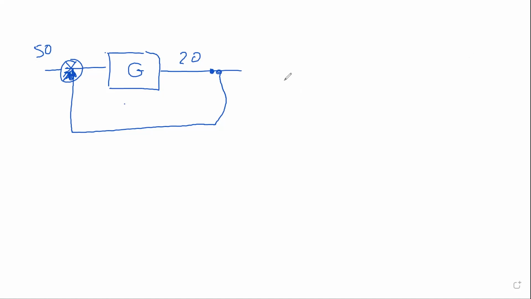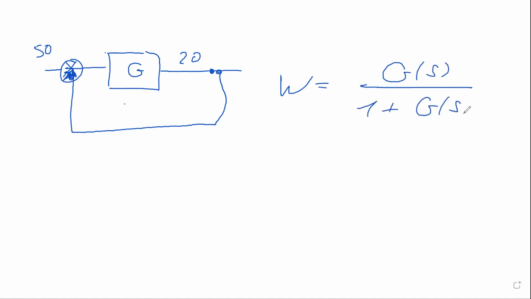All right, now what we saw is the transfer function of this guy, of the closed loop system, is G(s) over 1 plus G(s).